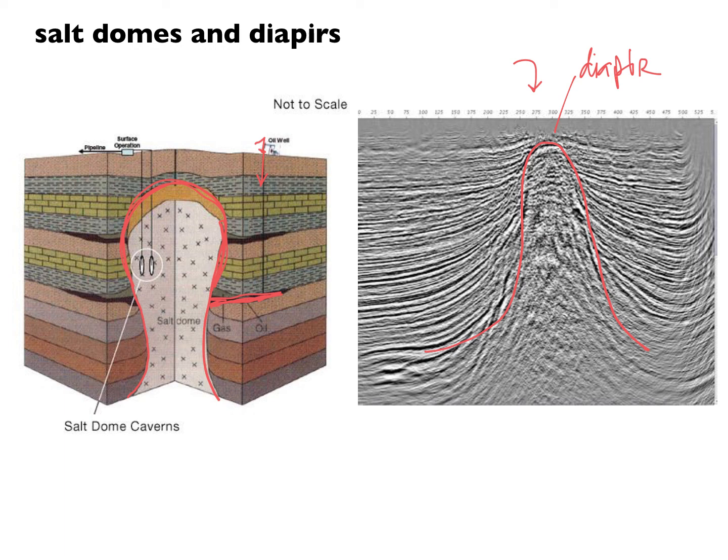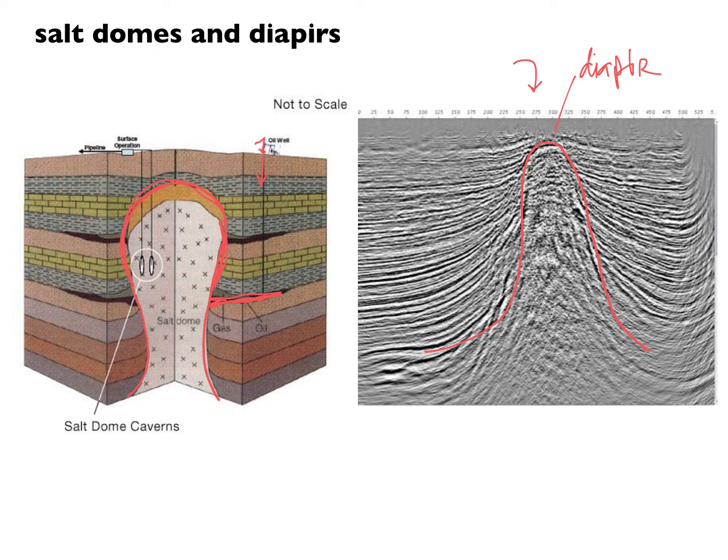Incidentally, a lot of the oil and gas reservoirs that are in the Gulf of Mexico form this way because at depth in the geology beneath the Gulf of Mexico, there are evaporite layers. And some of those evaporite layers have developed these big diapiric structures that create these natural traps for oil and gas.